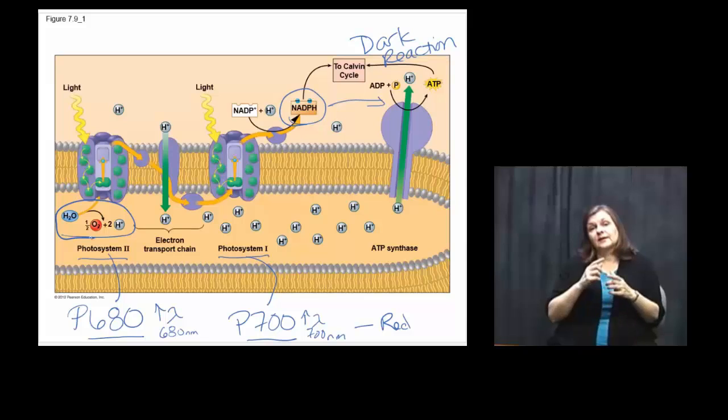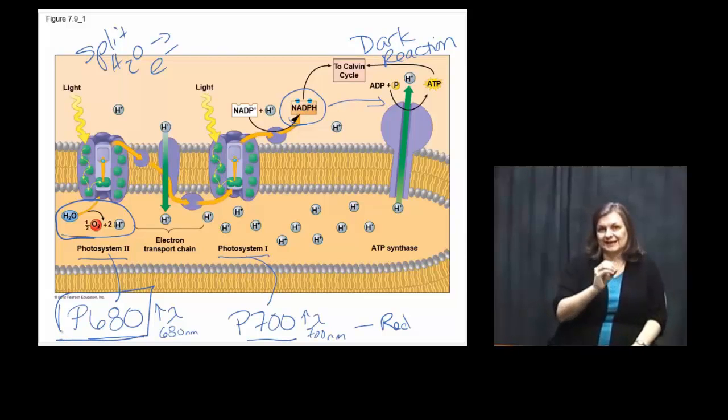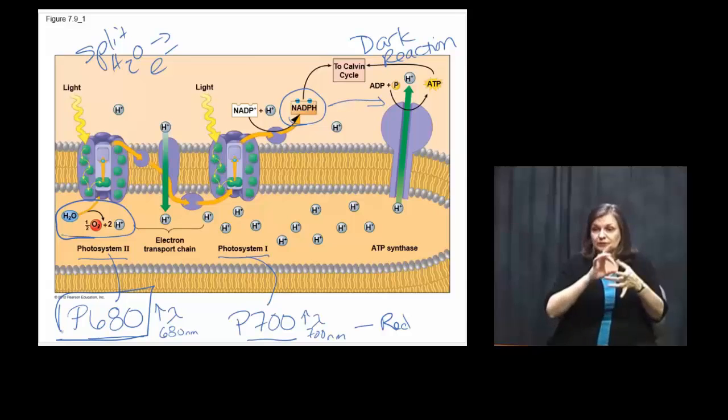So in our reaction overview, when we said that we split water to gain electrons for this system, this is where it's occurring. Those electrons from water are being given to the P680 chlorophyll. All this is doing is stabilizing the system. It's replacing the electrons.